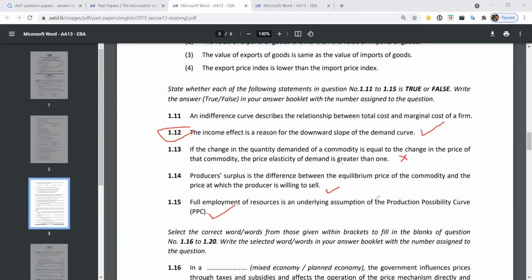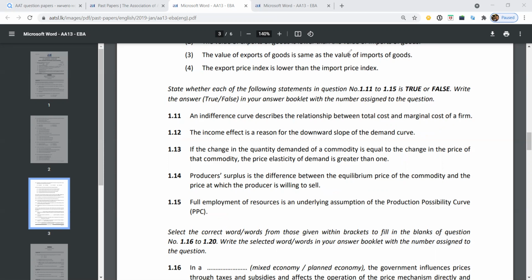When we construct a production possibility curve, we considered a number of assumptions, including full employment, only 2 products are supplied, technology is constant, factor endowment is constant.